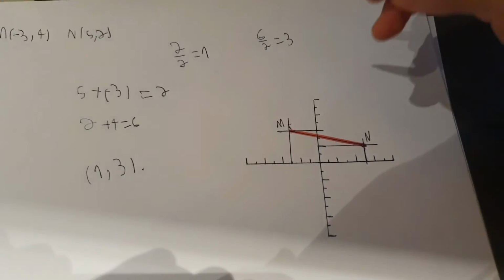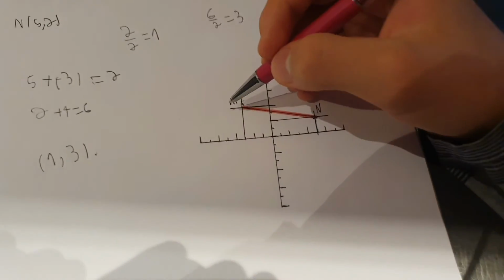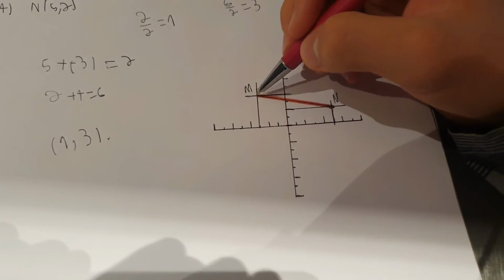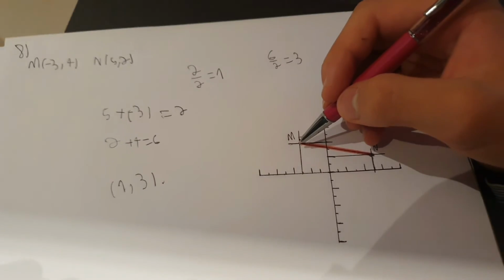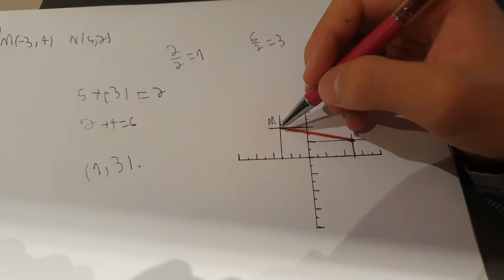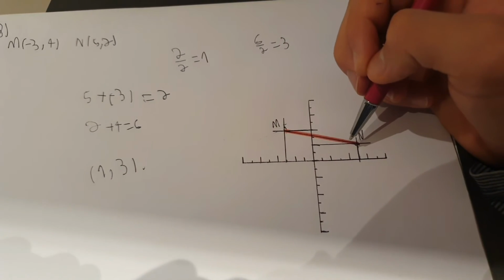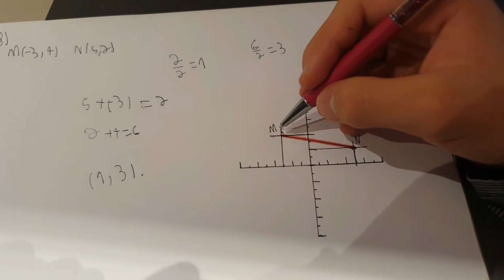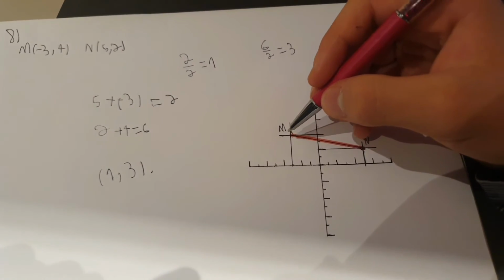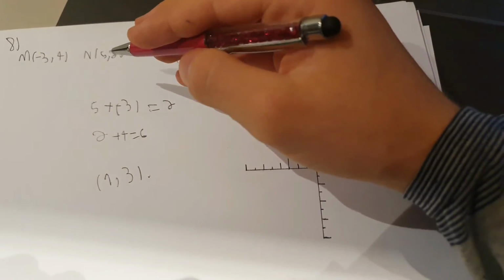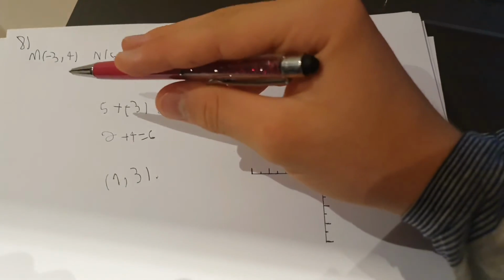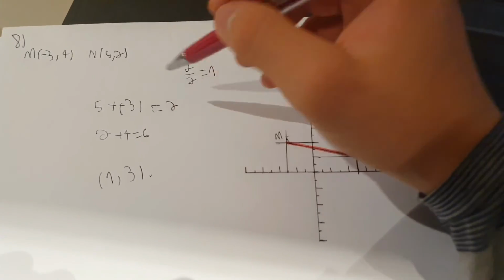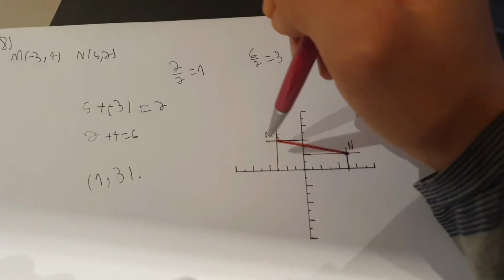So now that we know this, we have to figure out the slope of this. As you can see, M is at -3, 4, and N is at 5, 2. So we can see that this goes to the side by 8, because 5 minus -3 is going to be 8, and that's how you find the slope.